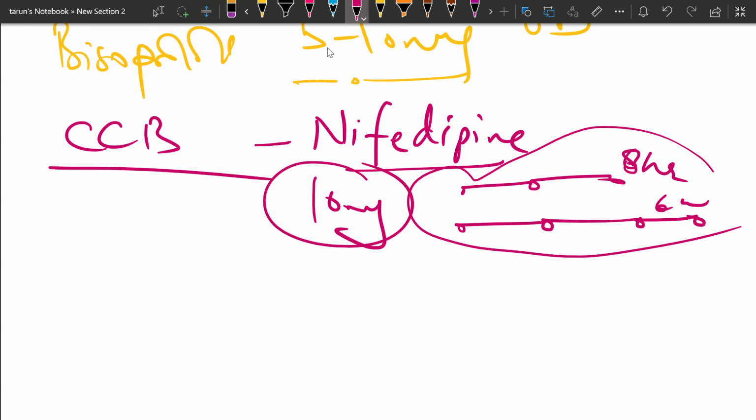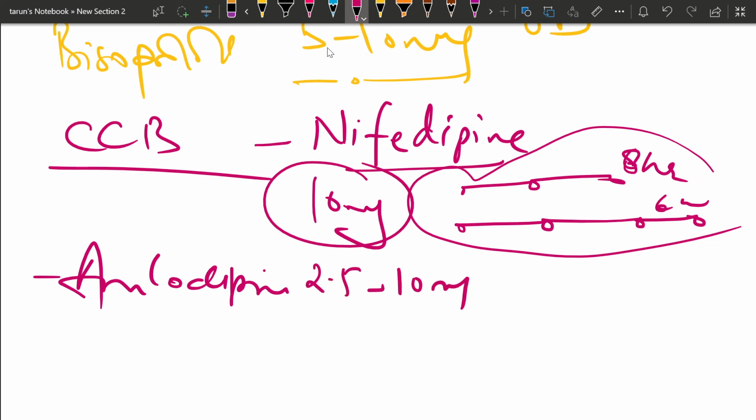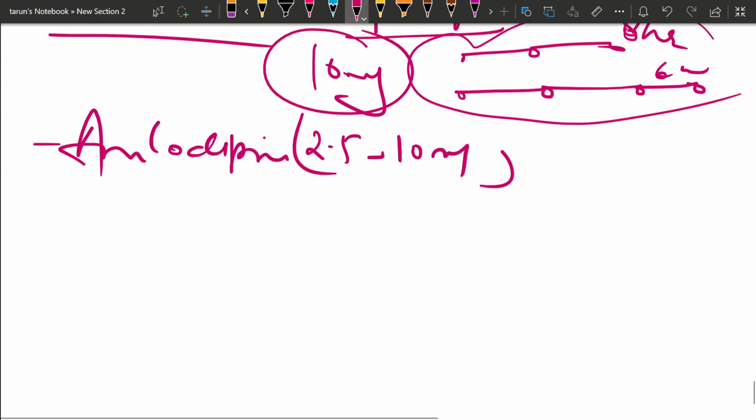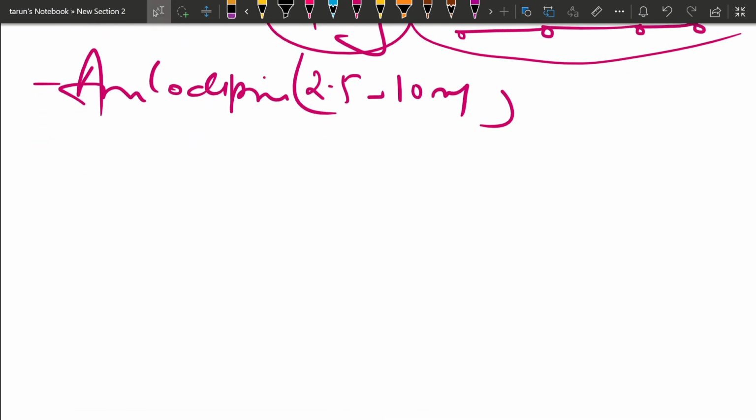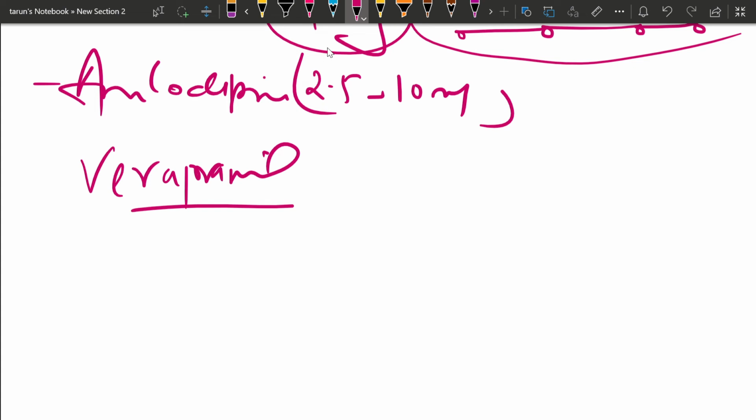Or you can also give amlodipine. The dose ranges from 2.5 to 10 mg. Amlodipine 2.5 to 10 mg. You can also give verapamil.